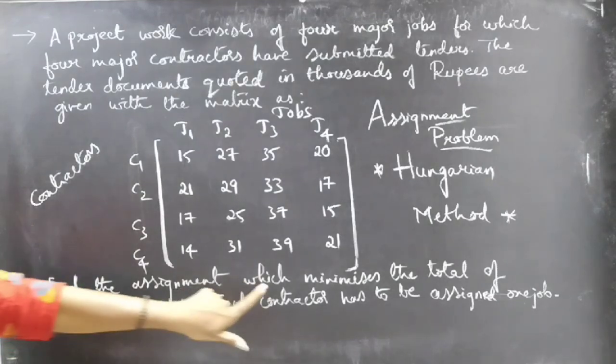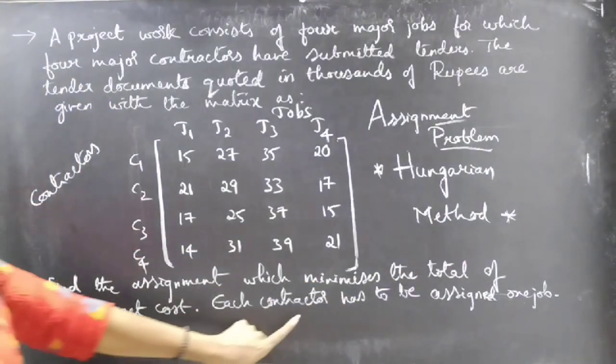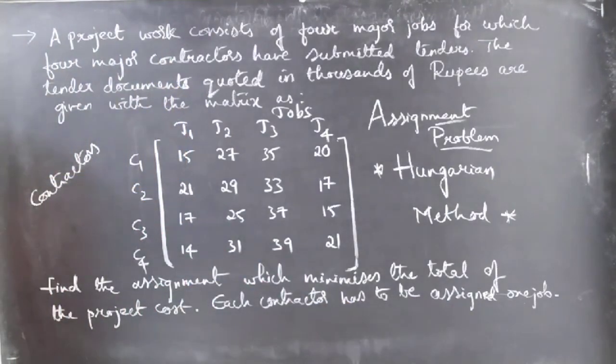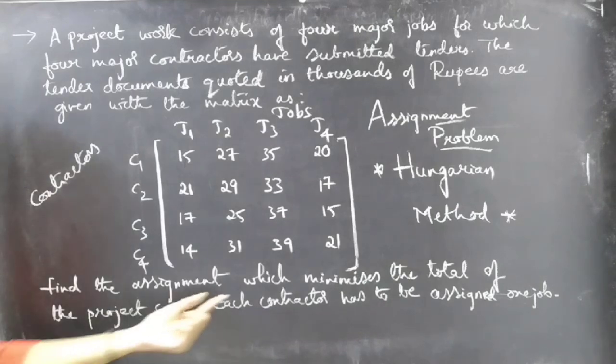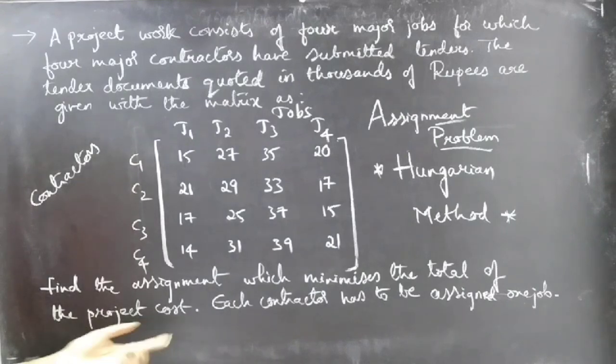Find the assignment which minimizes the total of the project cost. Each contractor has to be assigned 1 job. Okay, so we are asked to find the assignment which minimizes the total of the project cost. That means which minimizes the total cost.